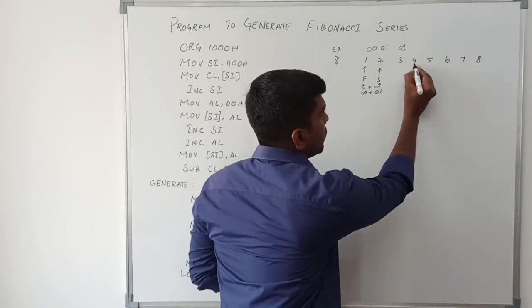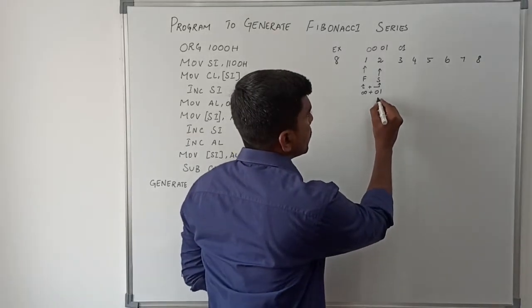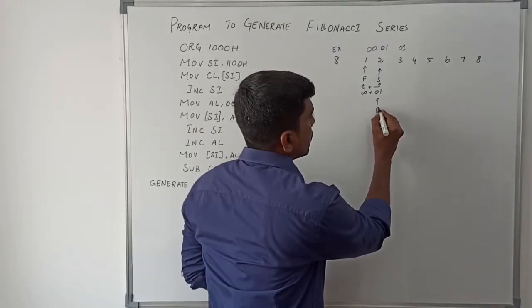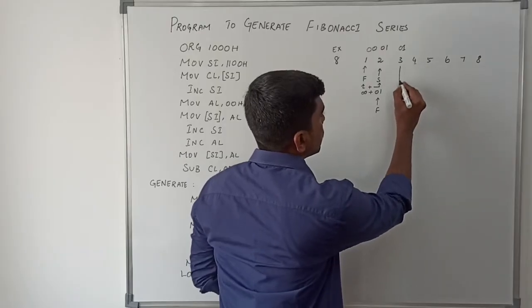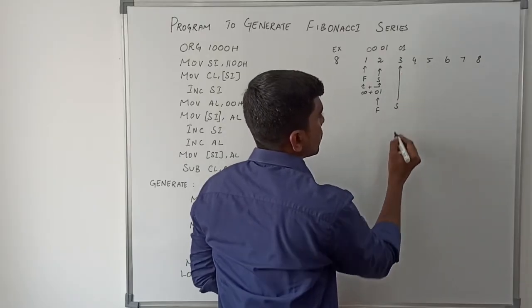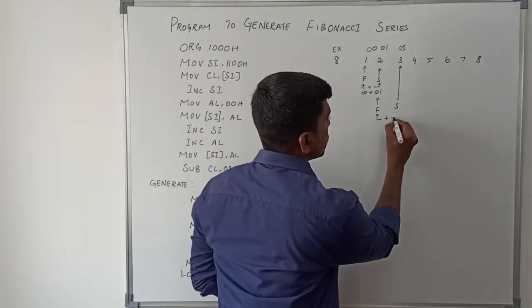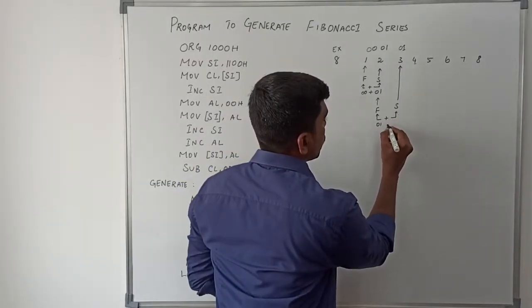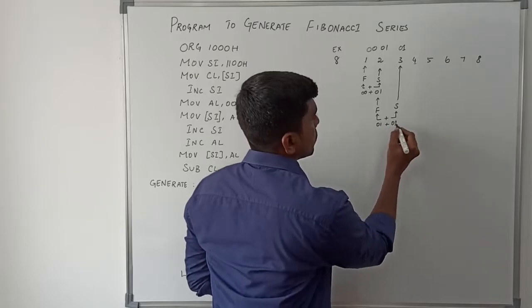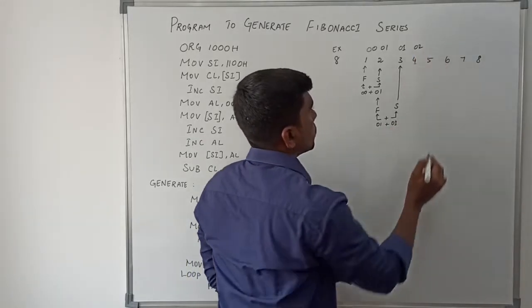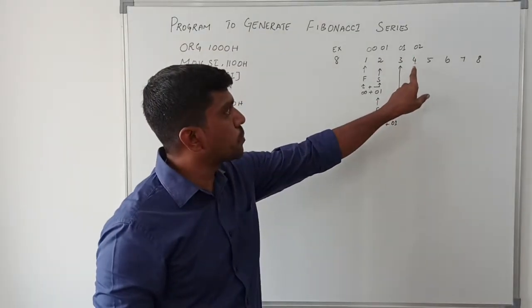If you want to find the Fibonacci series of 4, this one is the first number, this one is the second number. Adding these two numbers, 01 plus 01, you get 02. So 02 is the Fibonacci series for 4.